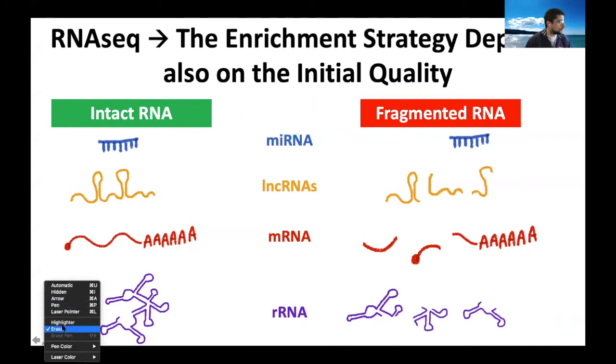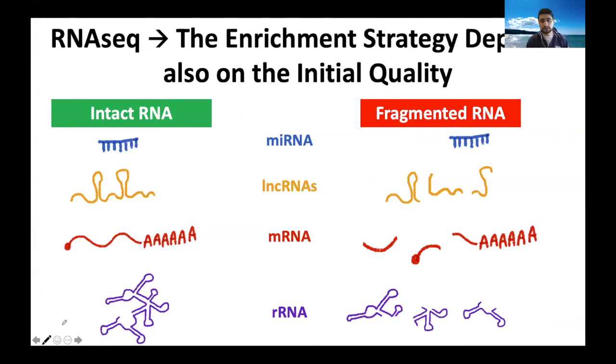So what I told you so far is actually partially right, okay? You remember the slide where we talked about the enrichment, okay? If you want to study messenger RNA, you always do poly-dT selection. If you want to study something else, you do ribosomal depletion. That is actually not always true, okay? So in this section of the workshop, I'm going to show you why the quality of your RNA actually determines the type of library preparation that you're going to perform, okay?